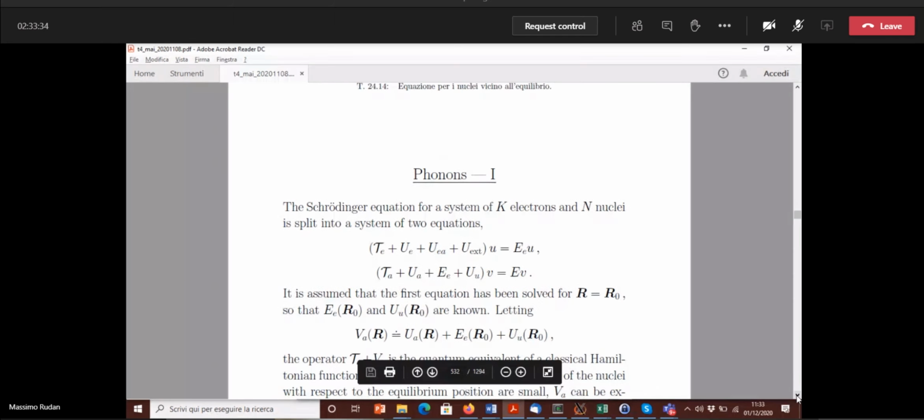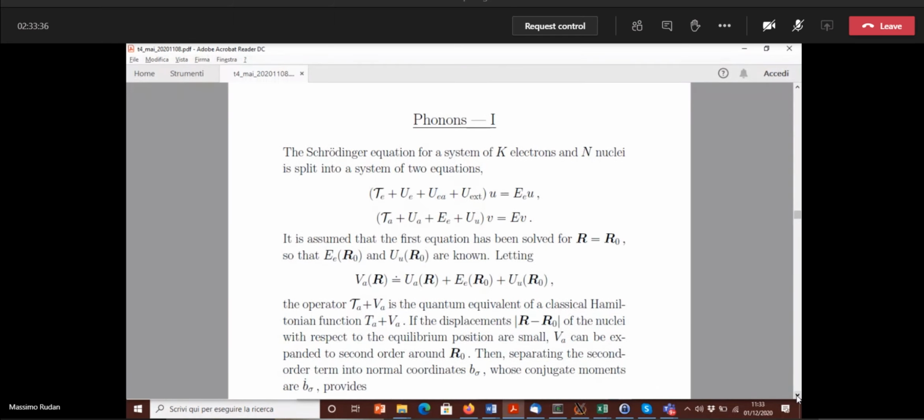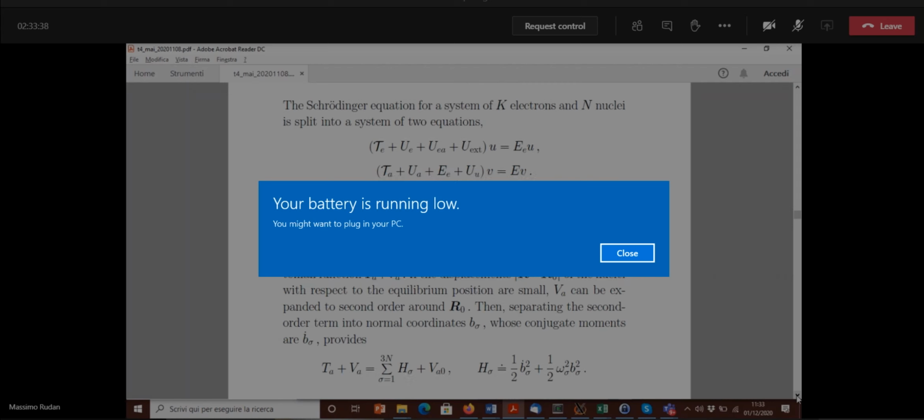I'm sure that you remember that at some point we have taken the crystal or a set of atoms.